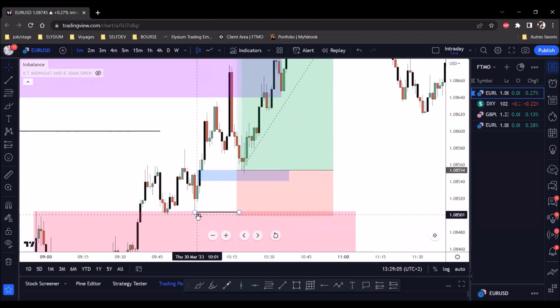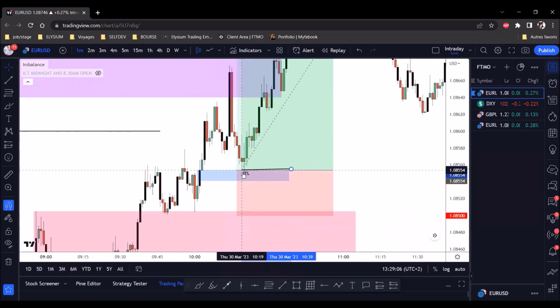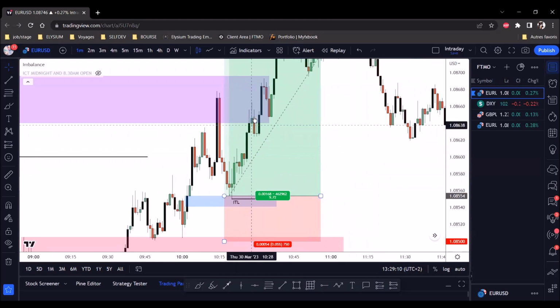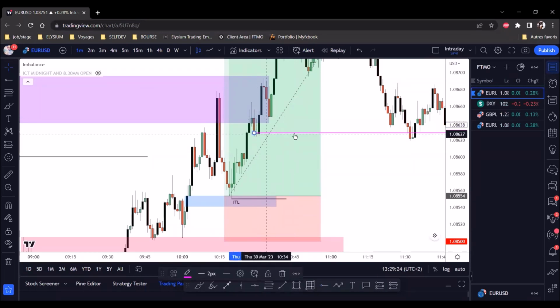Okay, so once we did this fair value gap thing, for me, the intermediate term low becomes there, okay? I took a second trade right there.